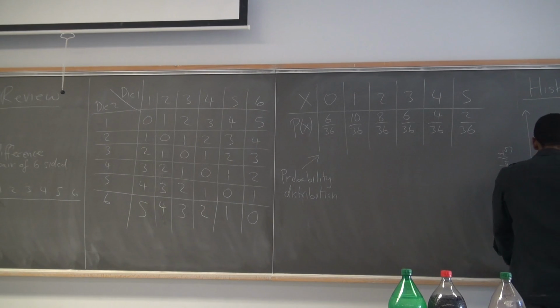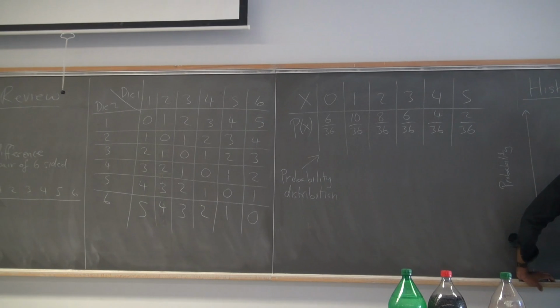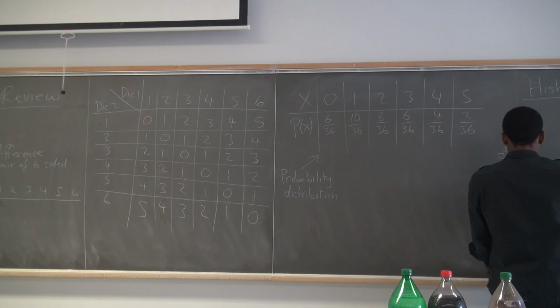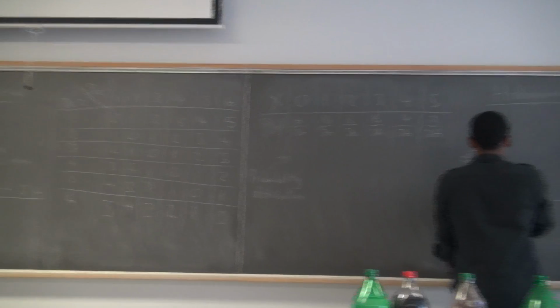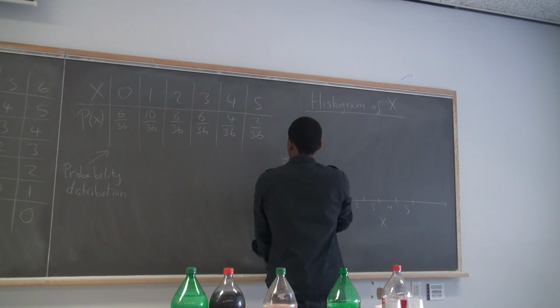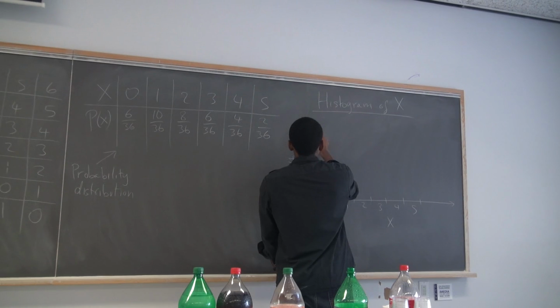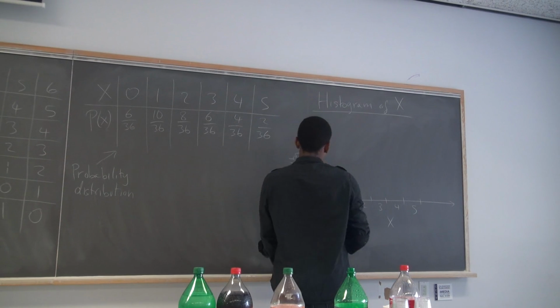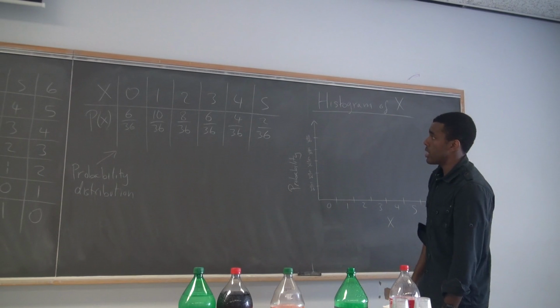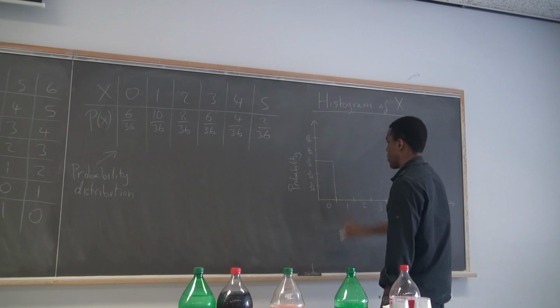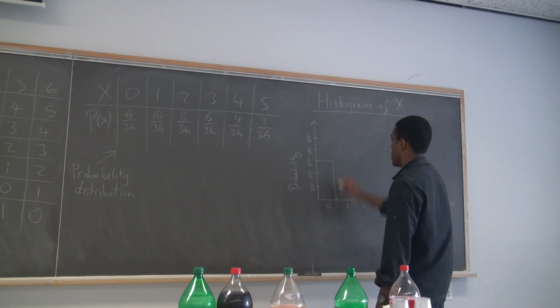So again, it's 0, 1, 2, 3, 4, 5. And we have things like 2 out of 36, 4 out of 36, 6 out of 36, 8 out of 36, 10 out of 36. So for 0, we had 6. For 1, we had 10.